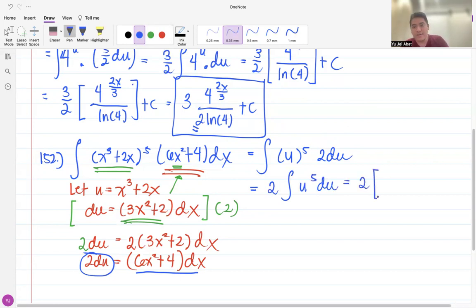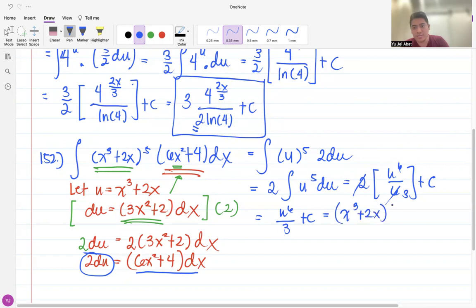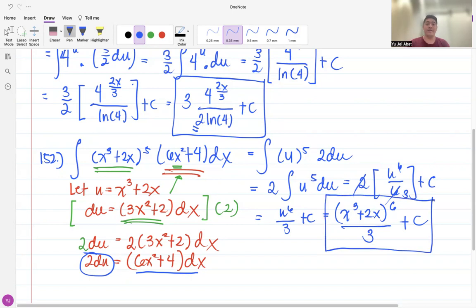So you have u raised to 6 all over 6 plus c. 2 all over 6 is 1/3, so we have 3 on the denominator. That becomes u raised to 6 all over 3 plus c. But u equals x cubed plus 2x, so the answer is x cubed plus 2x raised to 6 all over 3 plus c. That will be the final answer for this given integral. Okay, for 152.